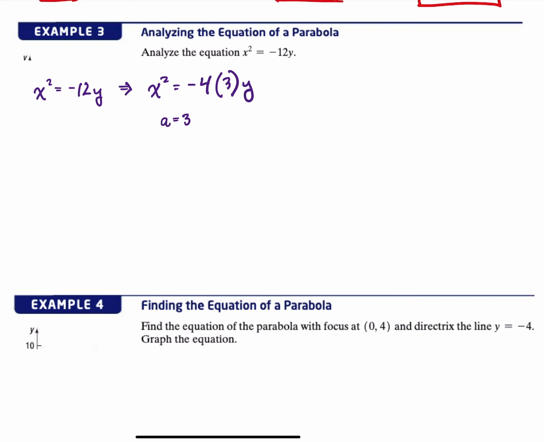And because it's negative, I will assume that this will open downward. The focus should be below the vertex. But let's start out listing some attributes. The vertex will be at 0, 0. The focus point will be at 0, comma, negative 3. So since we have x squared, we need to think above or below the vertex instead of to the left or to the right. So let's start to graph this too.